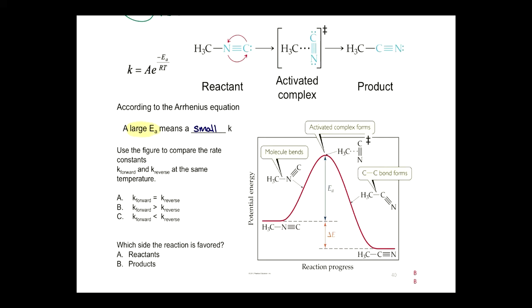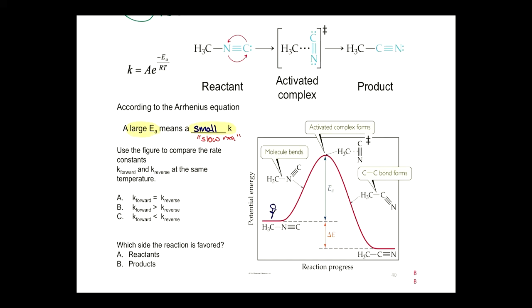So large activation energies typically mean small k's, or we can say slow reactions. Large activation energy, small k, slow reactions. Based upon that, let's look at this reaction and think, what do we think is faster, this reaction going in the forward direction or the reverse direction? Just think about walking up a hill.